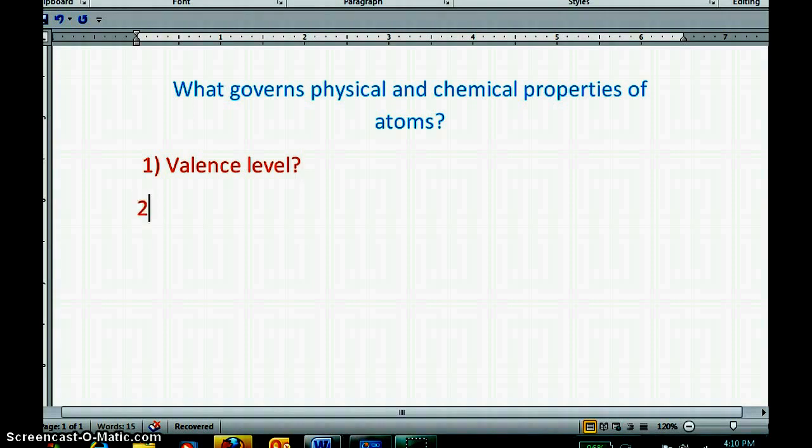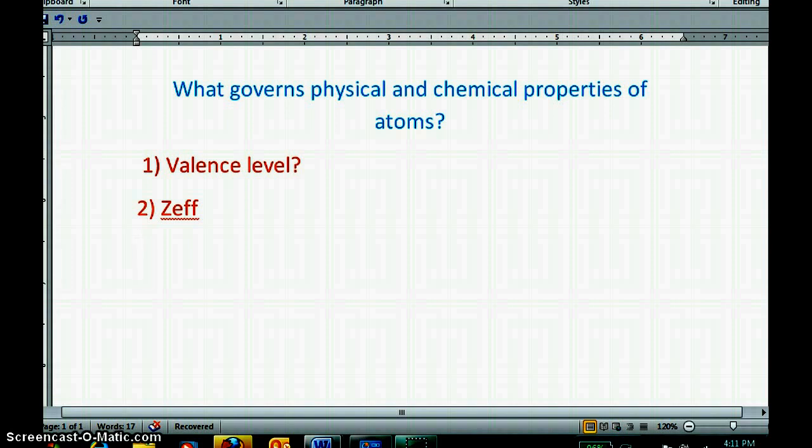The second thing you'd want to consider, and you should do so sequentially, is this: valence level typically plays the greatest role in why an atom does what it does. But the second most important consideration is effective charge. What is the effect that the nucleus has on the valence electrons?